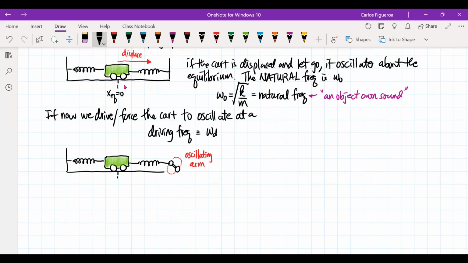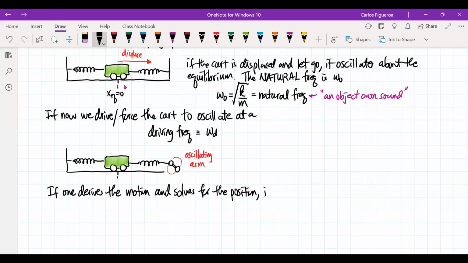Okay, so if one derives the motion and solves for the position, it is frequency dependent.